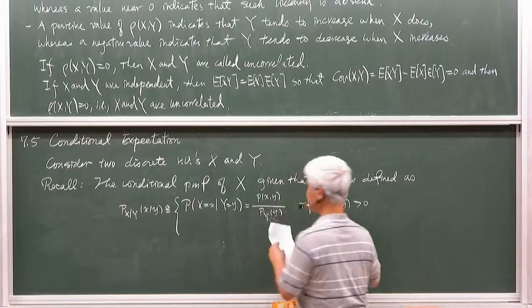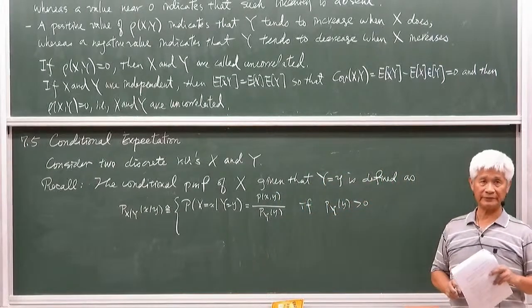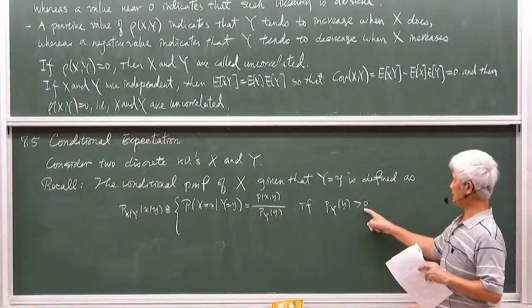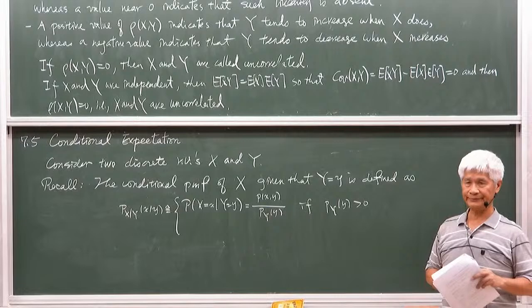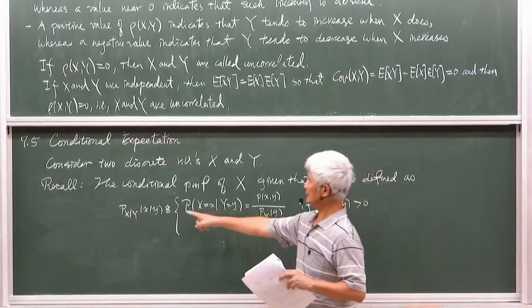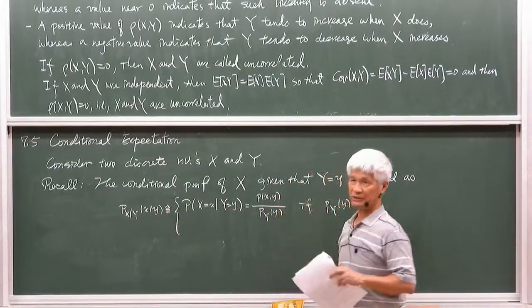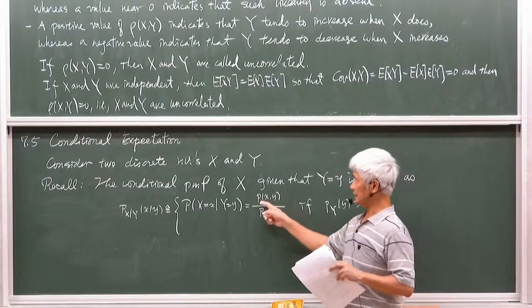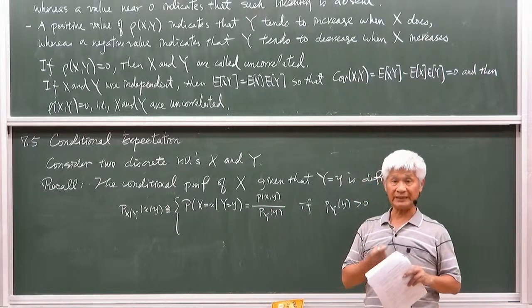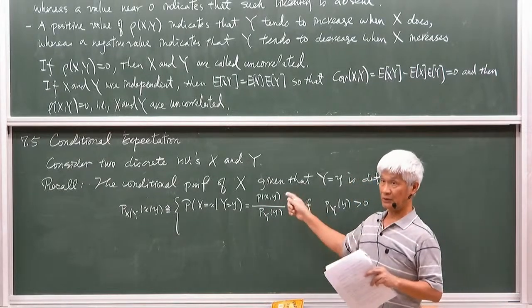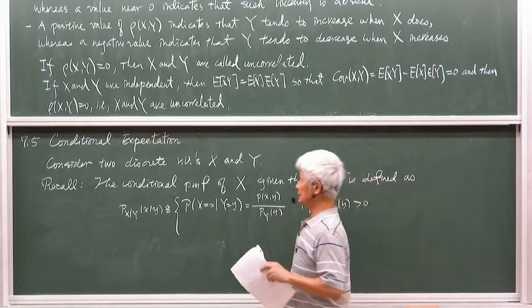If the marginal PMF of random variable Y is positive at little y, then this conditional PMF is this ratio, and the numerator is the joint PMF of X and Y, as we know from chapter 6.